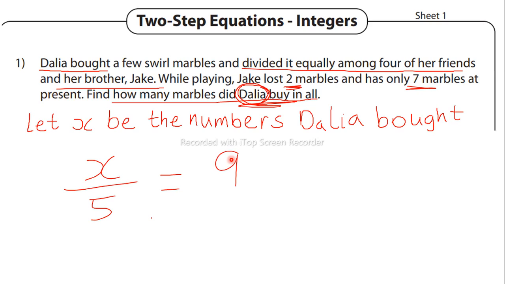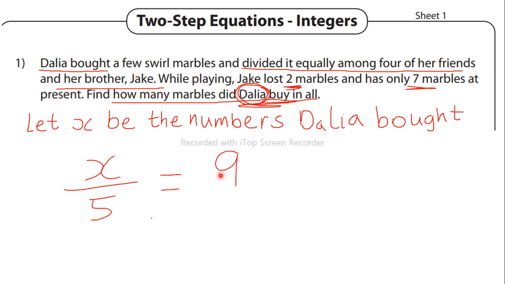And so that means that Jake got 9 from who? From Dahlia. So that means that when we divide the number of marbles that she had by 5, we find that it's 9 that everybody got. So we don't even have to do this to figure out what the answer is. If it's 9 that everybody got, how much did she have to have for 5 people? 40.